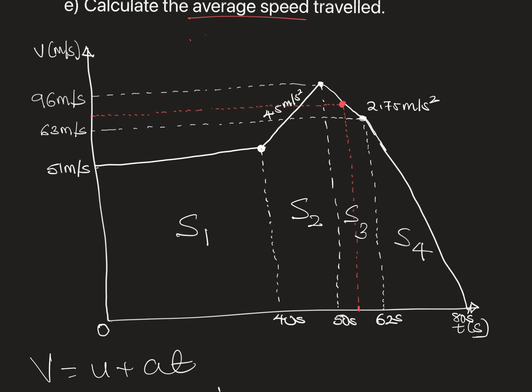I need to know that final velocity in order to calculate the distance, so it is very important. I can call it Vx, because we need to calculate that.